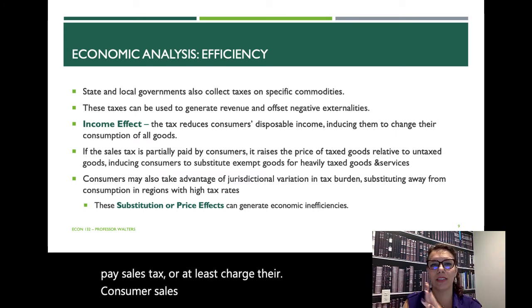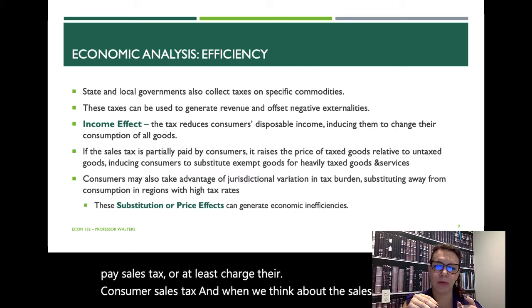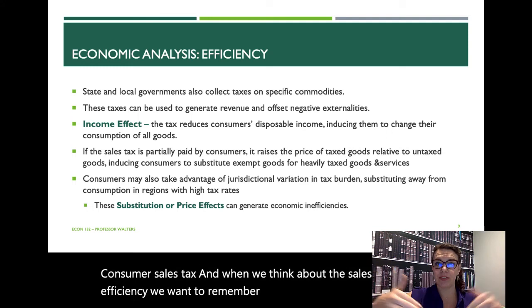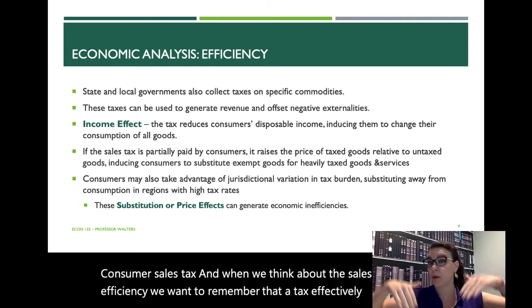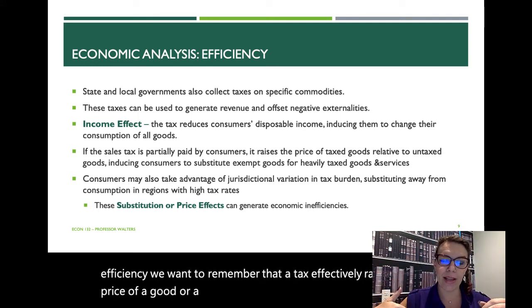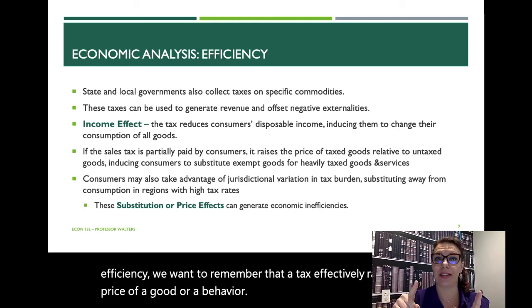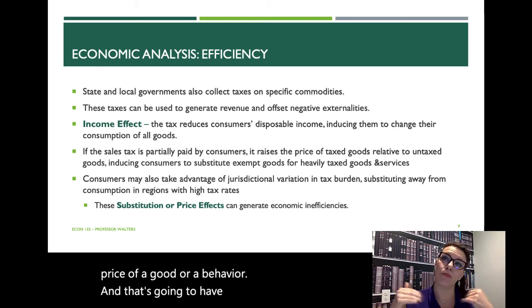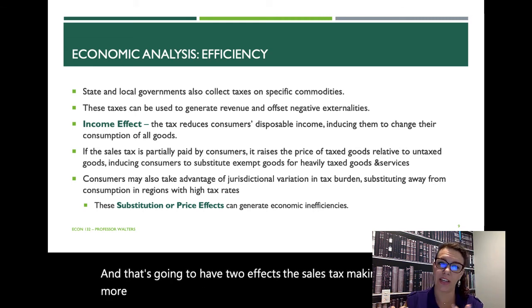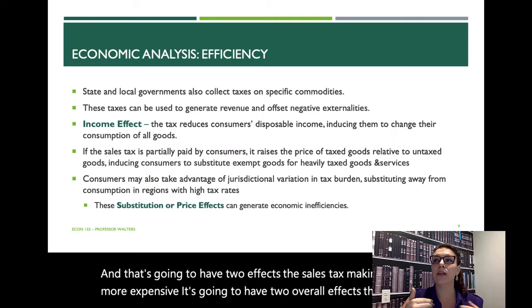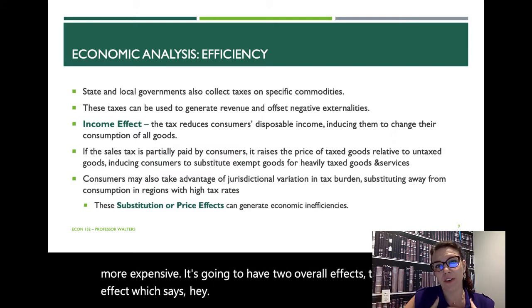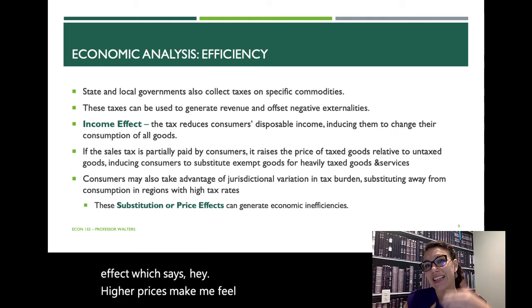And when we think about sales tax and efficiency, we want to remember that a tax effectively raises the price of a good or a behavior. And that's going to have 2 overall effects. The income effect says, hey, higher prices make me feel poorer because my income buys less stuff, less of everything.